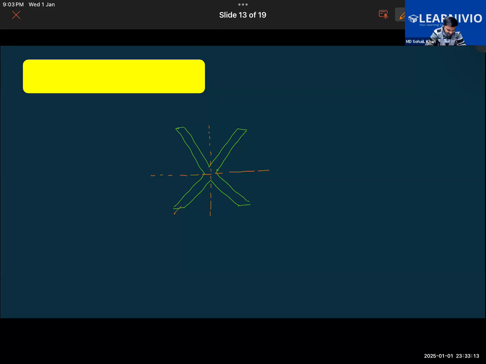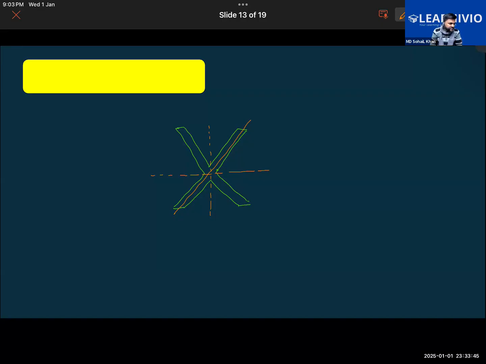If I were to cut it from here, that will also give me a mirror image. If I were to cut it from here also, that will also. Try to visualize it: you have a sheet of paper, and if you were to fold it from the middle, this side and this side of the X will be overlapping one another. Getting it?